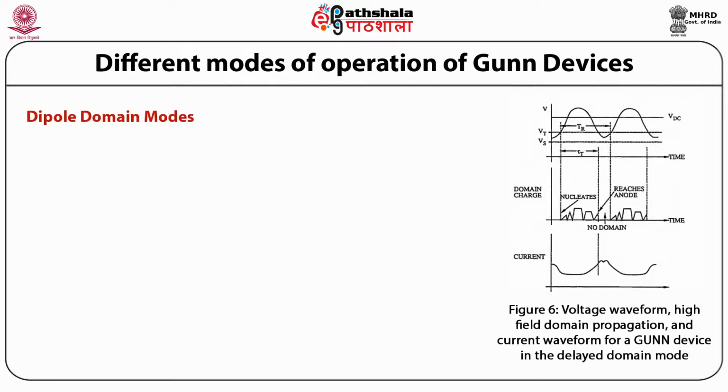Let us now discuss the second domain mode, that is the delayed domain mode. In this mode, 2 tau t is greater than Tr is greater than tau t. So the figure over here shows the voltage waveform, the moving domain charge, and the current waveform for this mode.